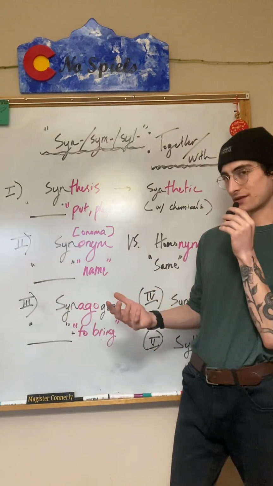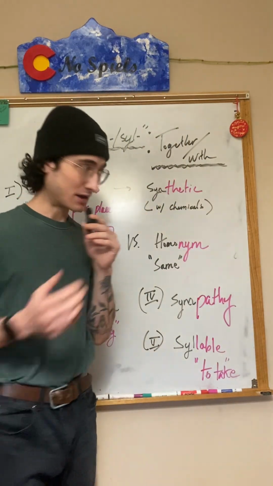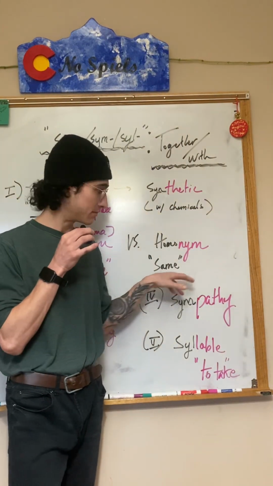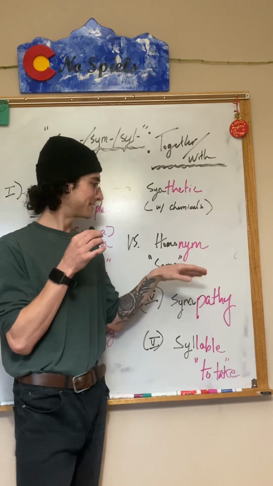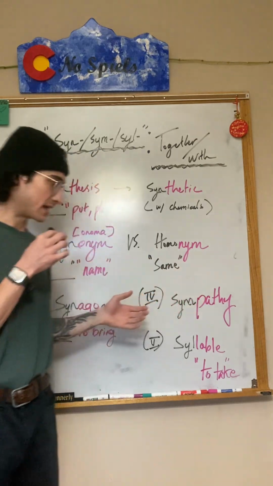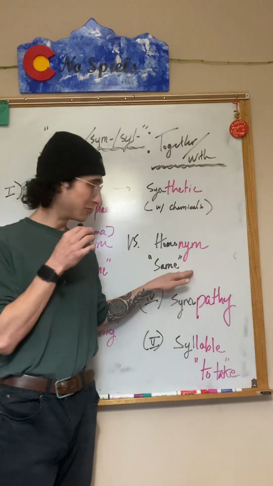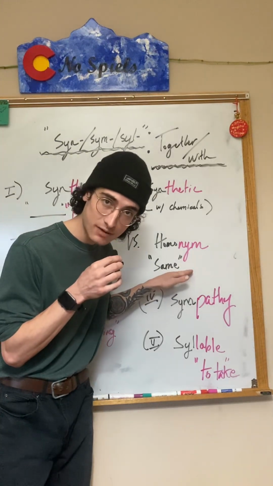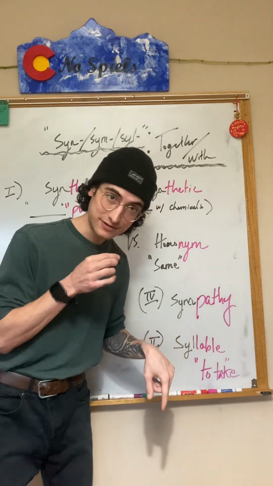Versus a homonym, because I wanted to get into this. If you didn't know, what's a homonym? Homos in the Greek means same. Onoma, name. Same name. Different though than a together or with name, right? Same name. What is a homonym? Do you know what a homonym is? Comment below if you do.